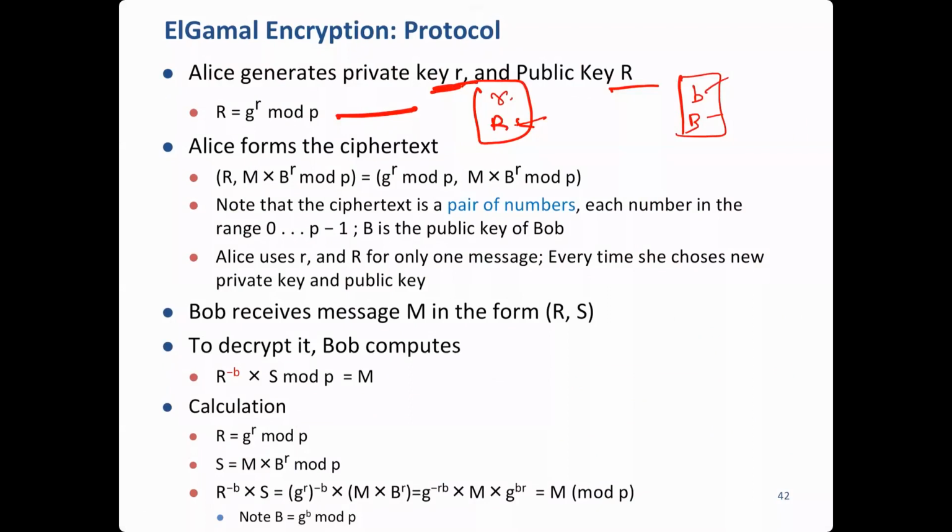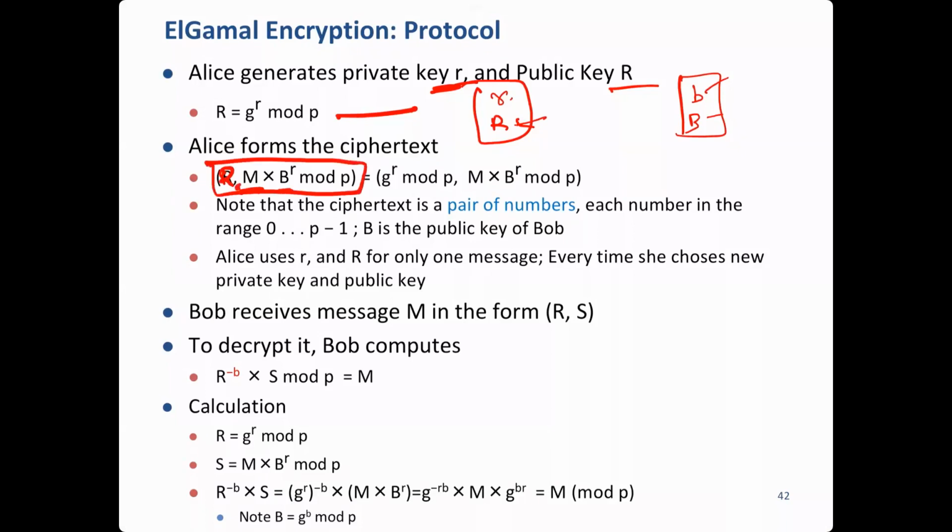Alice has a message M, which is a number, to send to Bob. Now she creates a ciphertext, which is R. It means that she sends her own public key to Bob. First parameter is the public key. Second is M times B, which is Bob's public key, raised to the power r mod P. So this becomes the ciphertext.